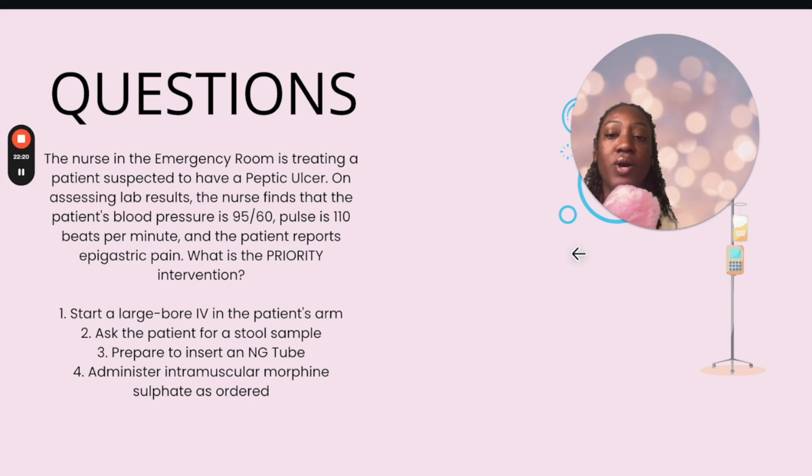Okay, you have to think about the priority intervention in this case. Think about what's happening to the patient's body. Their blood pressure is dropping and their body is compensating, their heart rate is going up, and they have a peptic ulcer.